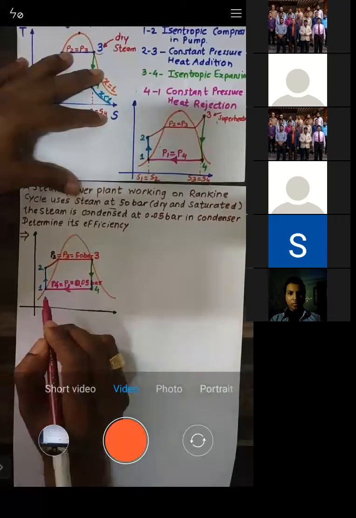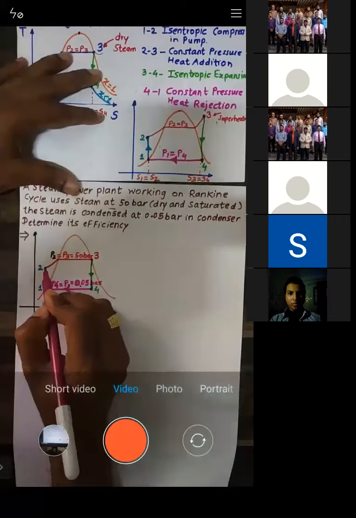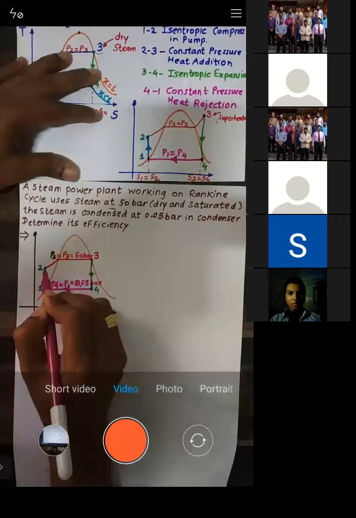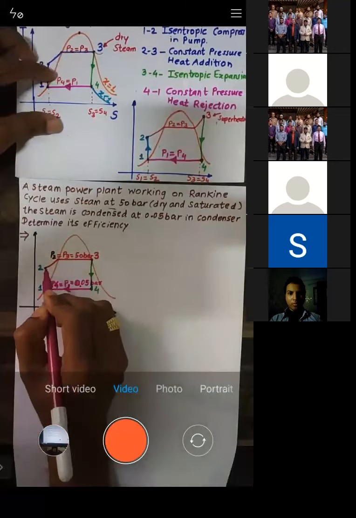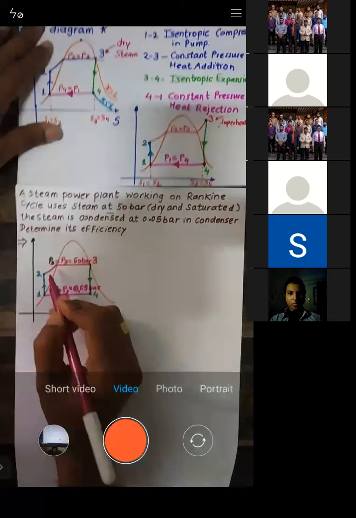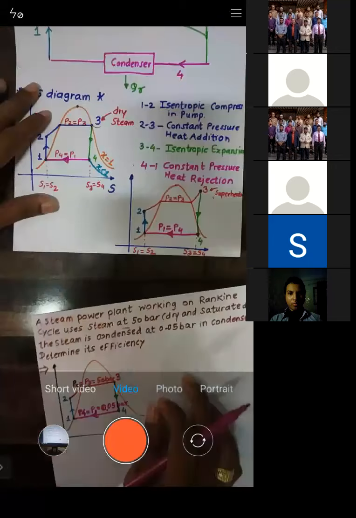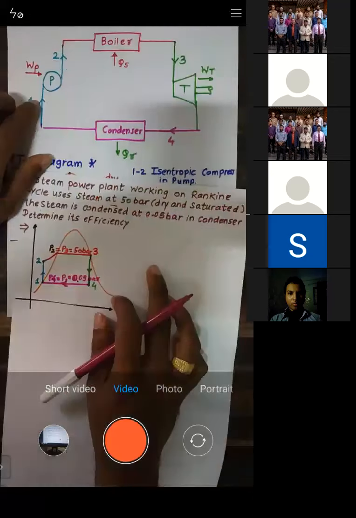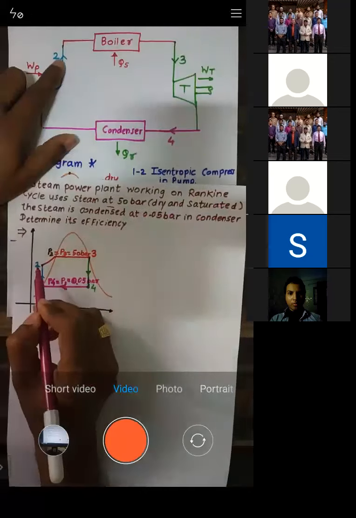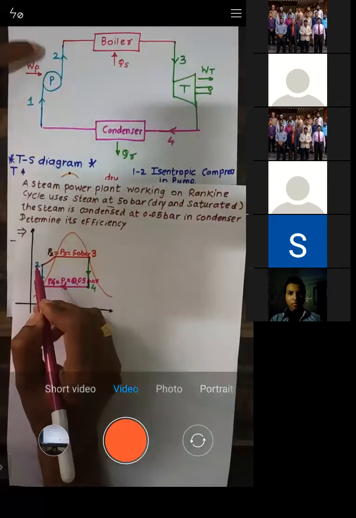Now try to understand pressure at the outlet of the pump. When you see point number 2, it's nothing but the outlet of the pump, or the inlet to the boiler.